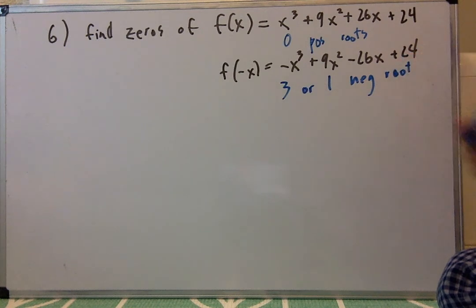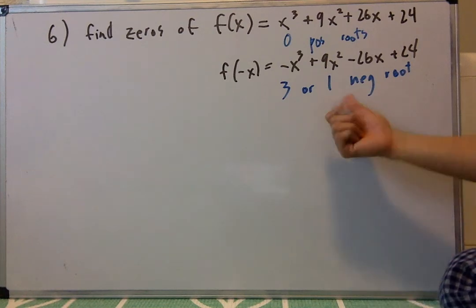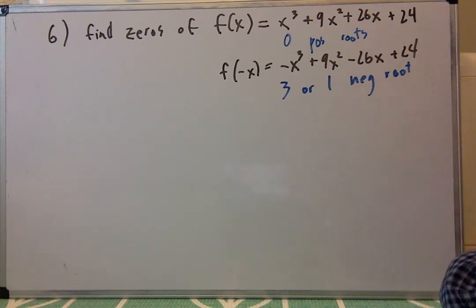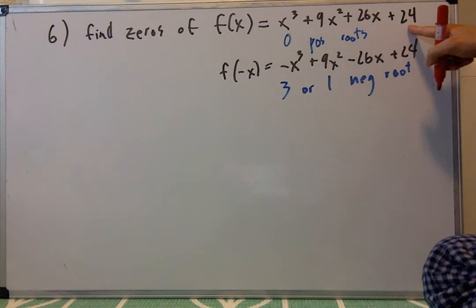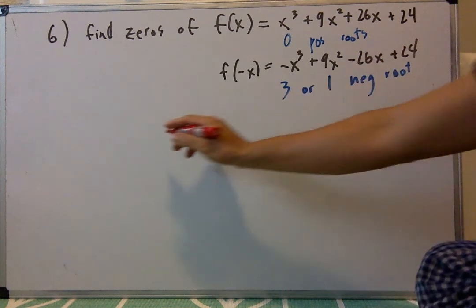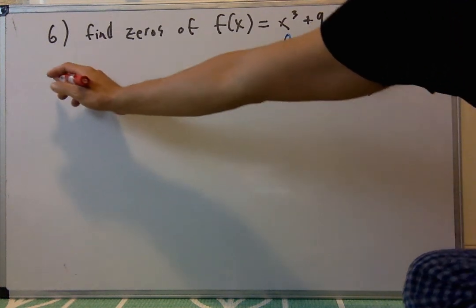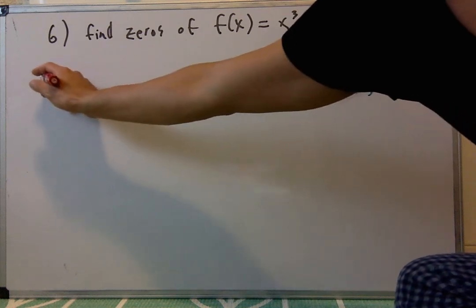All right, so I'm going to look for my negative roots. I know there's at least 1. And so the way I'm going to check that is first let's use the rational root theorem to figure out what the possibilities are. So here's the last number, right? P could be equal to anything that divides 24. Let's do that on the left here.